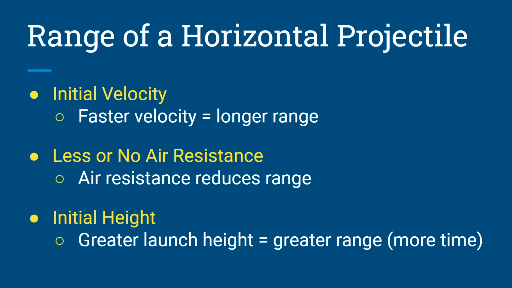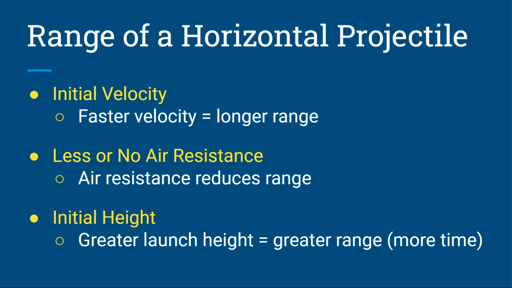All right, these are some of the things you looked at yesterday in the PhET, some different factors that affect the range, or maybe don't affect the range. We're going to look at some that don't as well. When you looked at changing the initial velocity, hopefully you saw that the faster the velocity of the projectile launched forward, the farther it goes. You got a longer range.